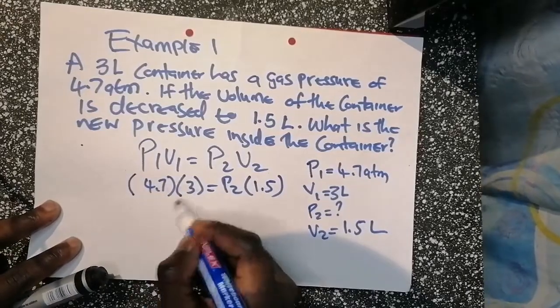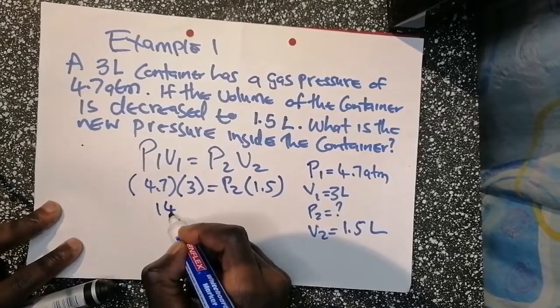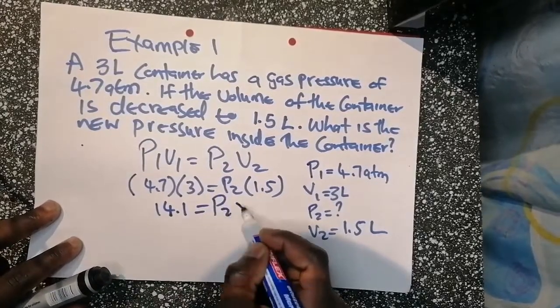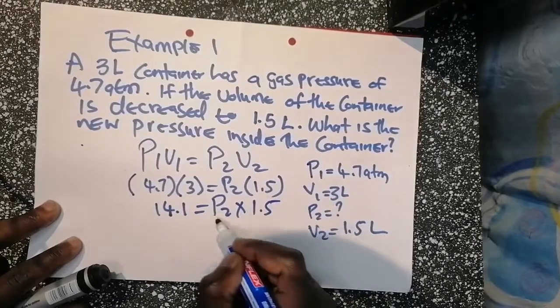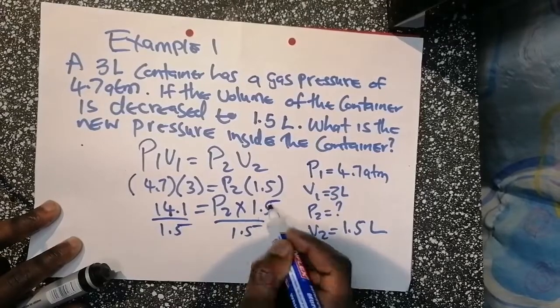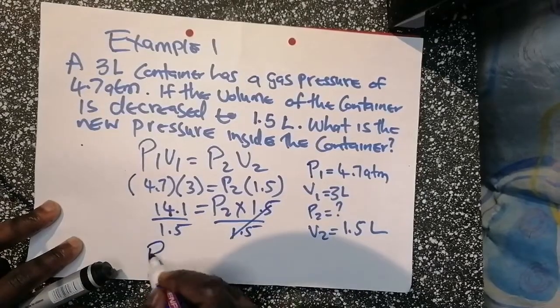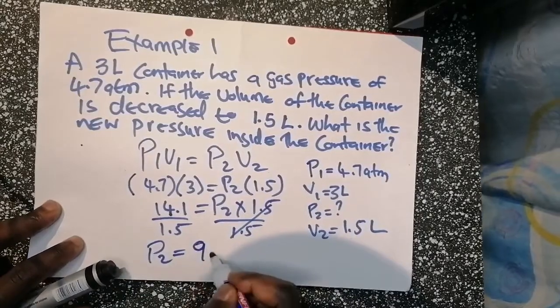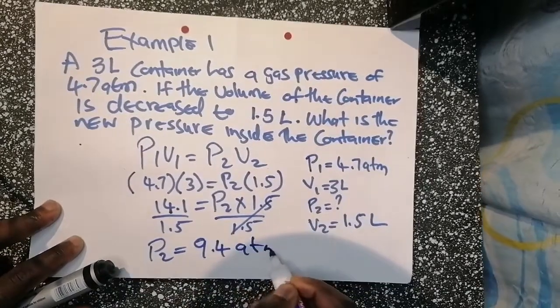We are going to get 14.1, which is equal to P2 multiplied by 1.5. Now we're looking for P2. Let's divide both sides by 1.5. We cancel. And now we get that our pressure 2 will be equal to 9.4 atm.